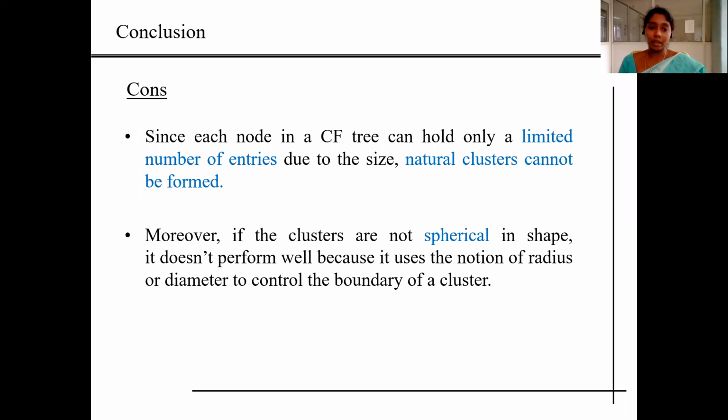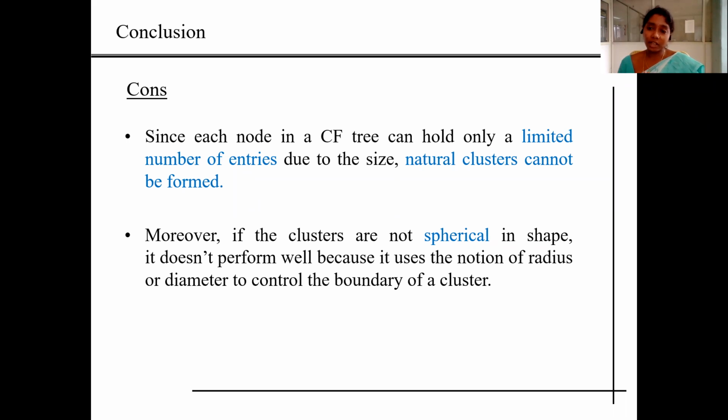Coming to the cons of the BIRCH algorithm, since each node in a CF tree can hold only a limited number of entries, due to the size, natural clusters cannot be formed. There is a limit for the number of entries, right?